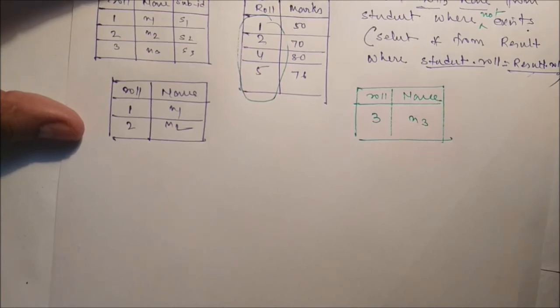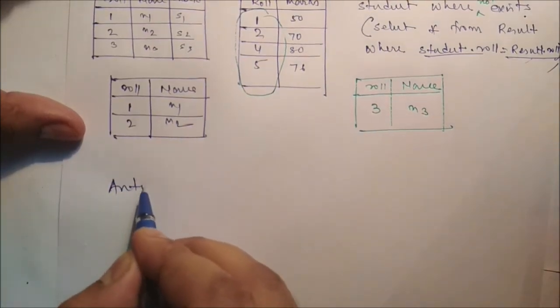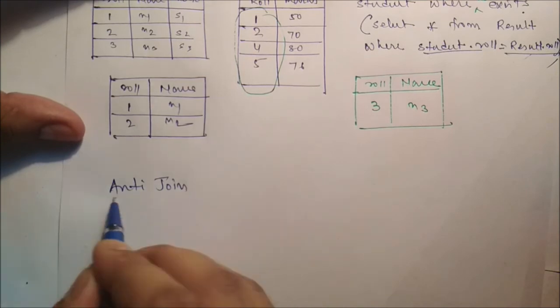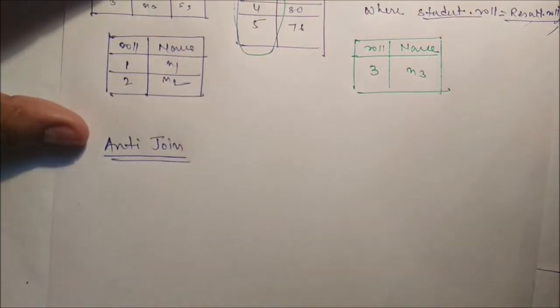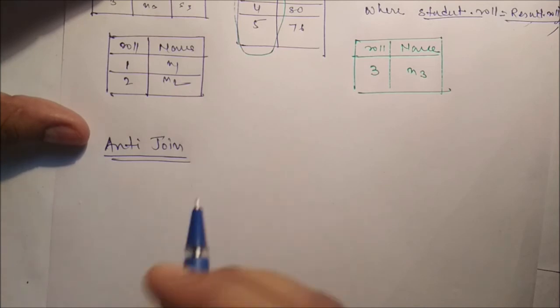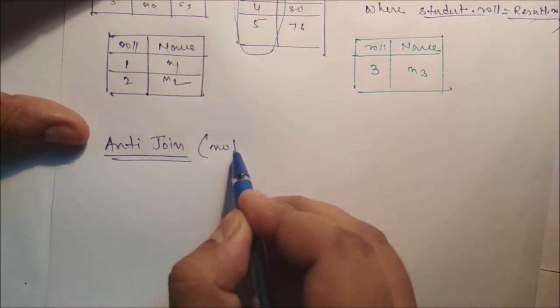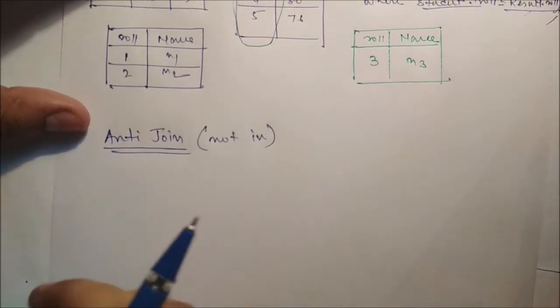Finally we have the anti join. An anti join between two tables returns rows from the first table where no matches are found in the second table. Here we use the not in syntax.